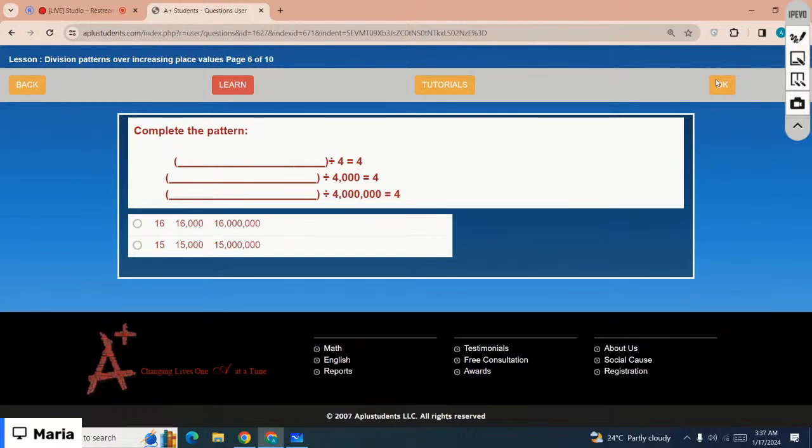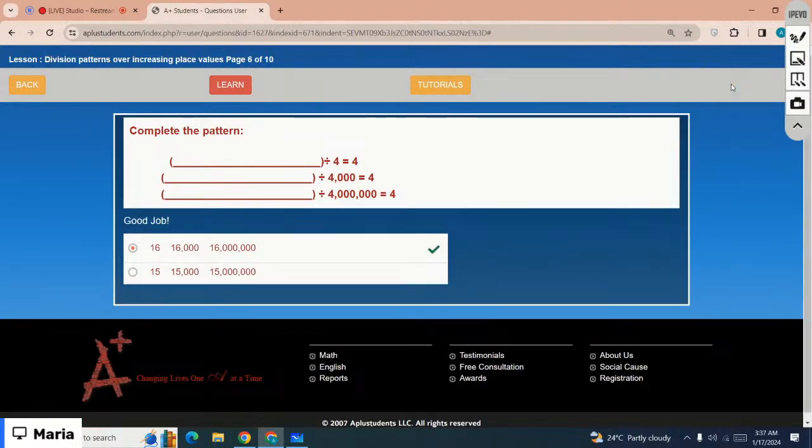So which number is missing? Yes, that is the first one. 16 divided by 4 is 4.